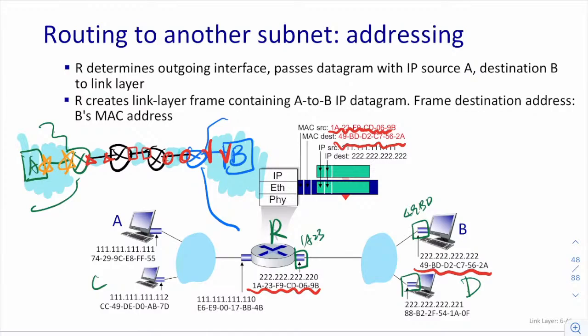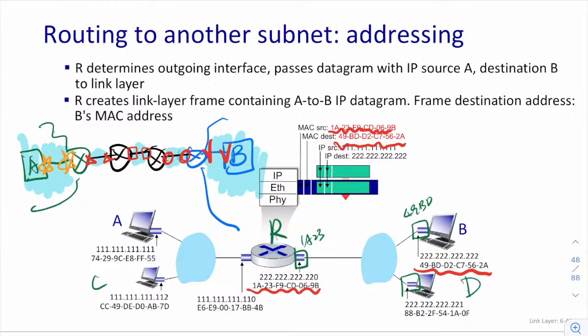When they pass to another subnet, the router needs to change the source MAC address and the destination MAC address. So in this example, 1, 2, 3, 4, 5, there are 5 different pairs of source MAC address and destination MAC address used in this specific route.